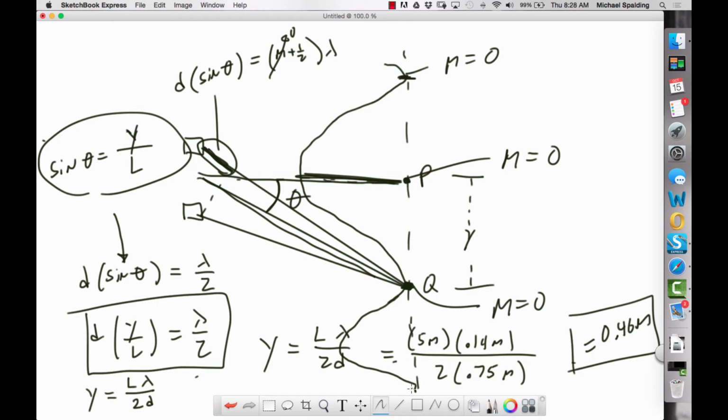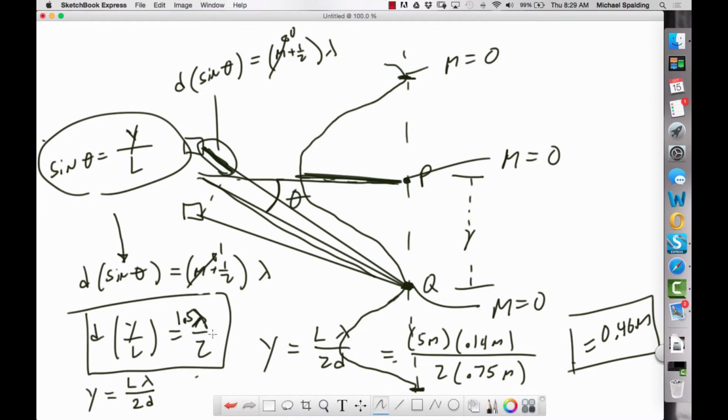The original equation was d sine theta equals m plus 1/2 lambda. Our first calculation had m as 0. So now let's make m equal to 1. So now this would be 1.5 lambda. So all you got to do is make this 1.5 lambda right there.